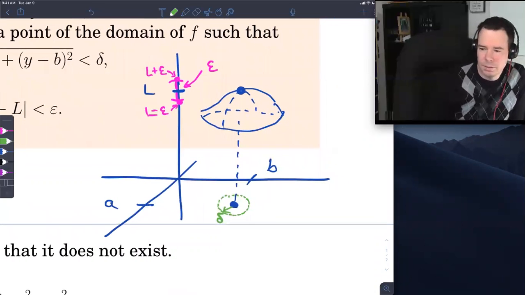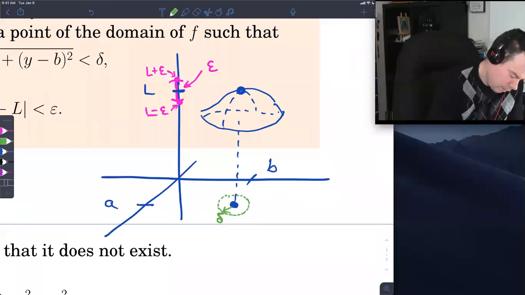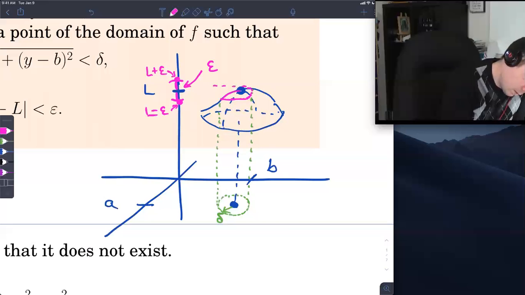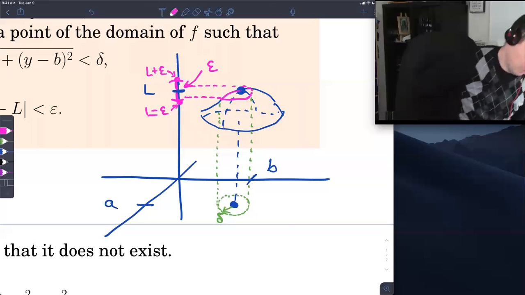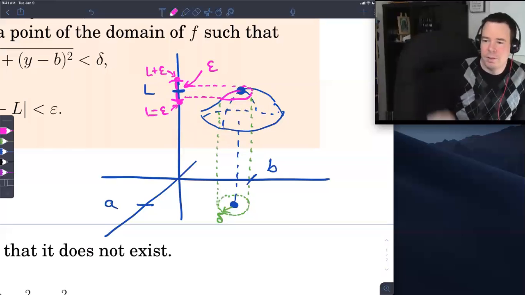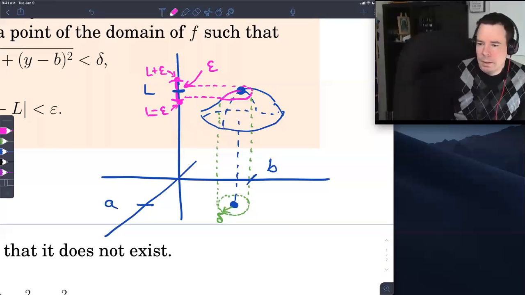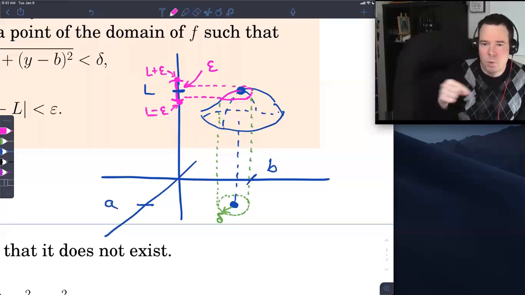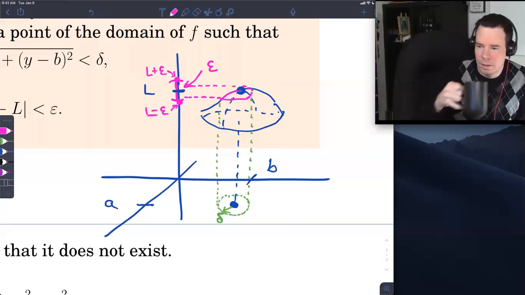Can I take this delta radius such that every point in this circle around (a, b) of radius delta, when I see where it goes up in my diagram, what I get are points that live sufficiently close to L. In other words, in this epsilon envelope around L. And if I shrink epsilon, can I still find a circle around (a, b) of radius delta, such that all the points in that circle land within epsilon of L when I take their function value?